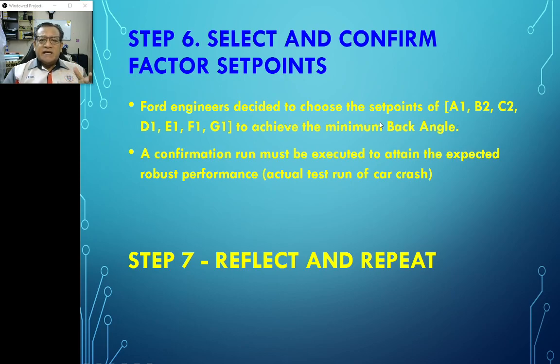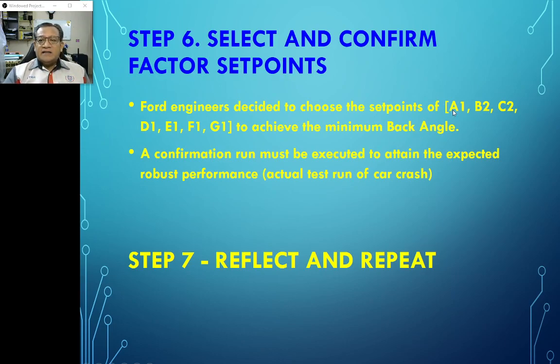So you have to set up the actual car crash with the actual test car, with the actual mannequin of the passenger at the back seat, and you set the set point at these parameters A1, B2, C2, D1, E1, F1, and G1, and put in the testing car, put in the mannequin, and run the car at a certain speed and make the crash.